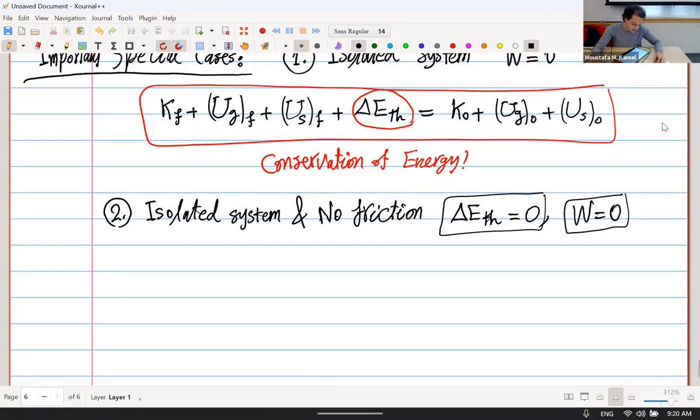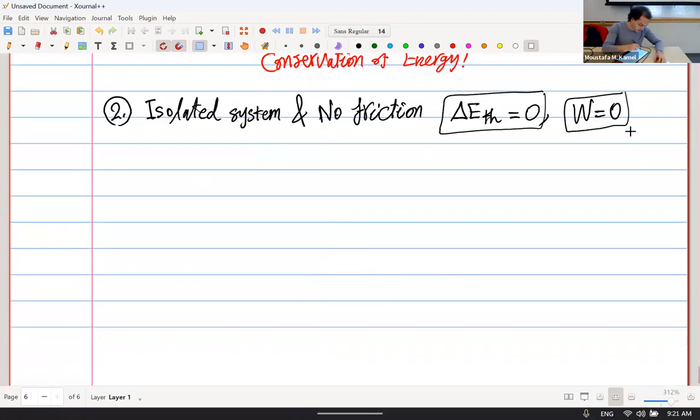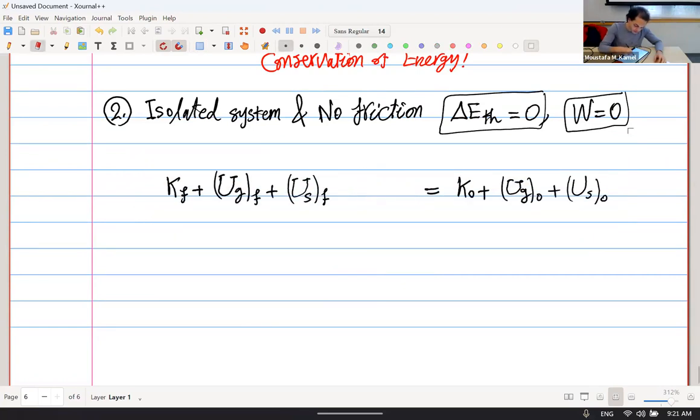So in the isolated system case, again, you copy that down, put it here, but without the delta thermal here.